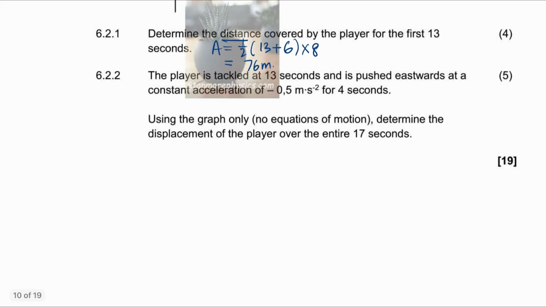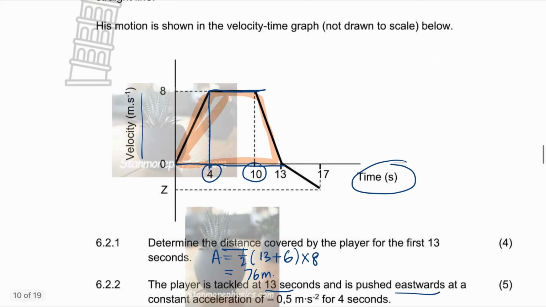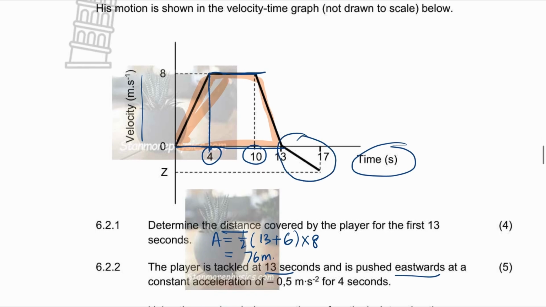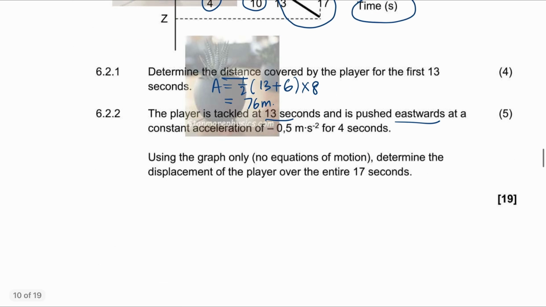Question 6.2.2. The player is tackled at 13 seconds and is pushed eastward at a constant acceleration of minus 0.5 meters per second squared for 4 seconds. So this region here. Using the graph only, no equations of motion, determine the displacement of the player over the entire 17 seconds.